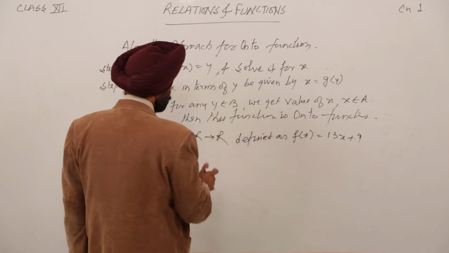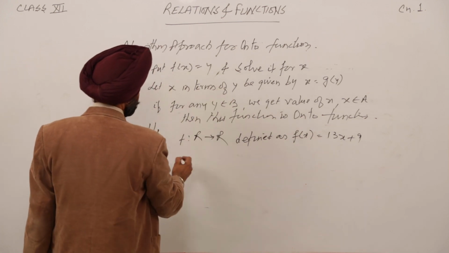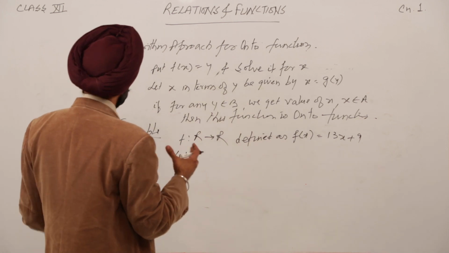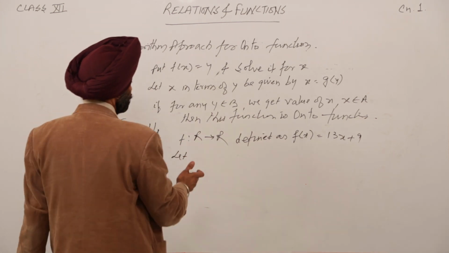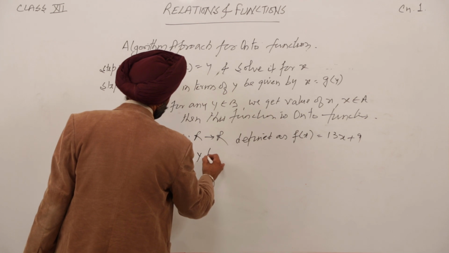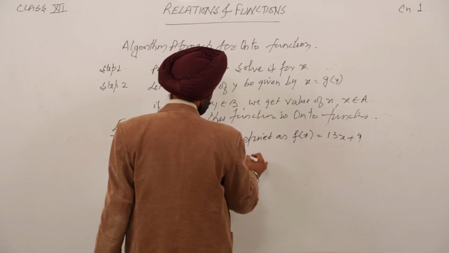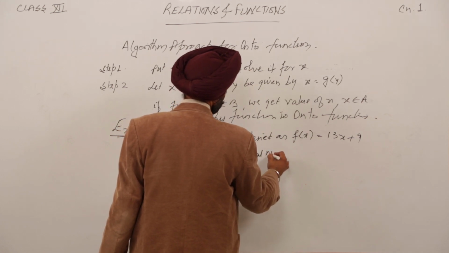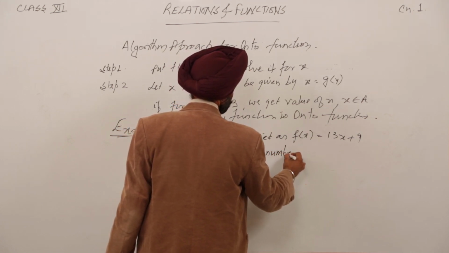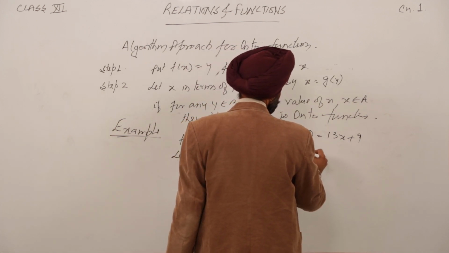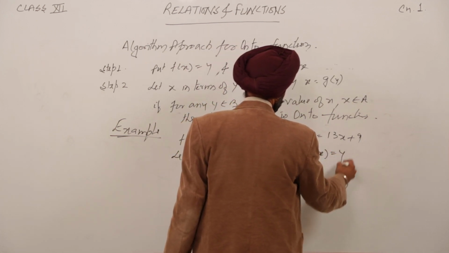Now how to proceed? As we have written here, let x in terms of y, alright. Let y be any real number, for example, we are writing f(x) is equal to y.